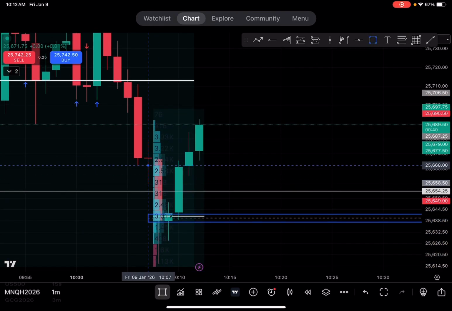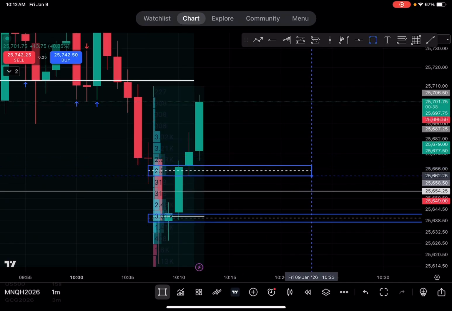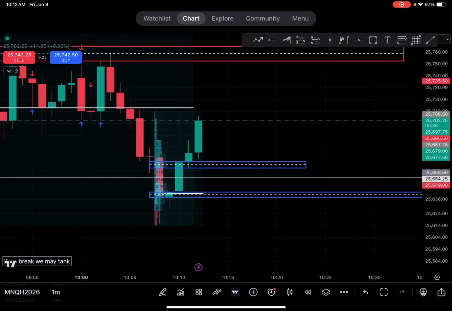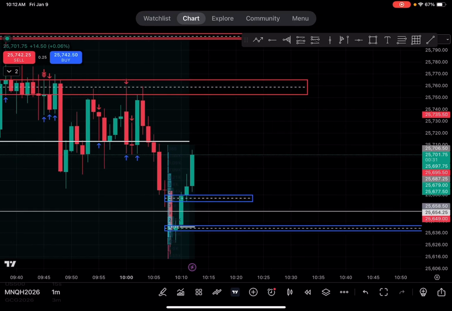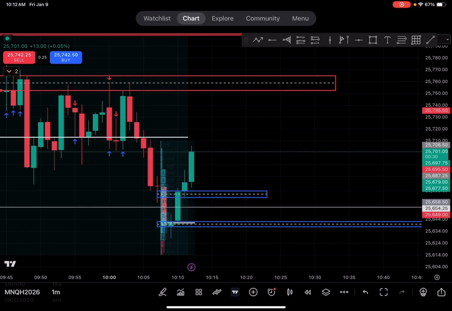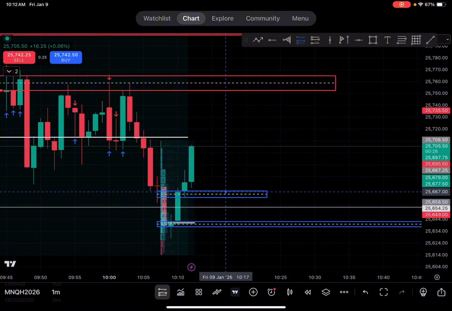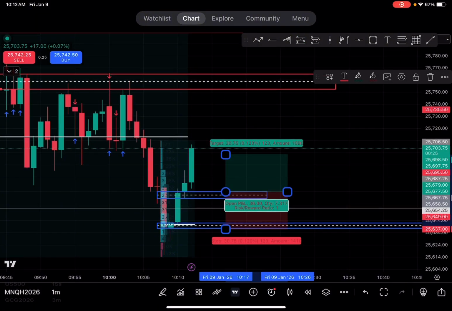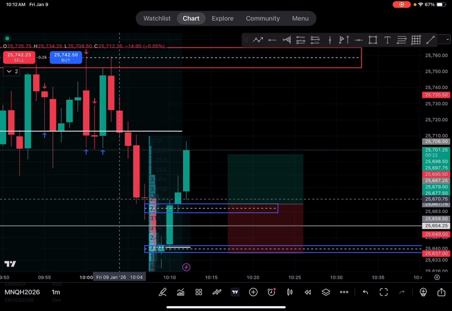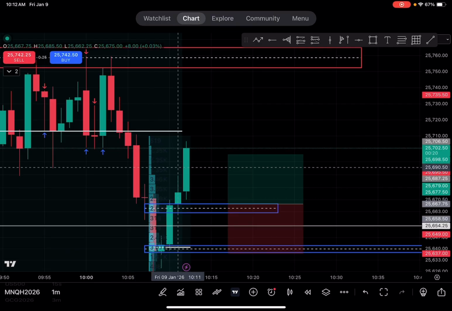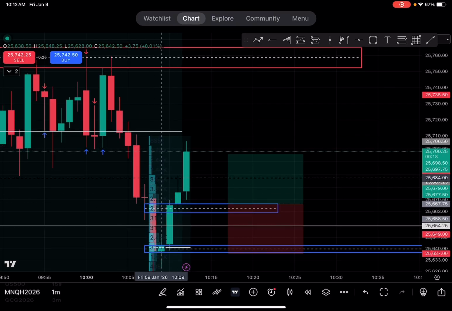Let's see what the delta looks like. Okay, 2.5 delta right here. So we created a low. We technically should run up into the internal of the range. Okay, 3K delta right here built up.